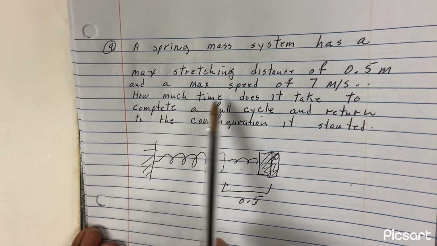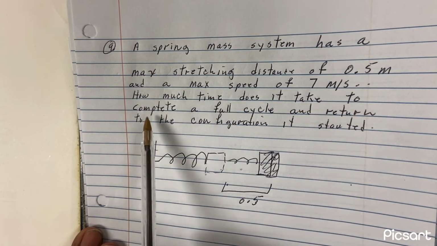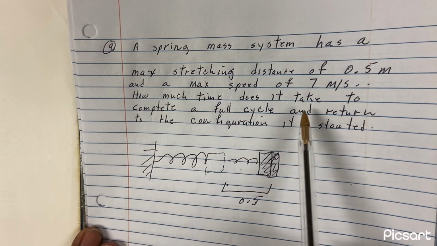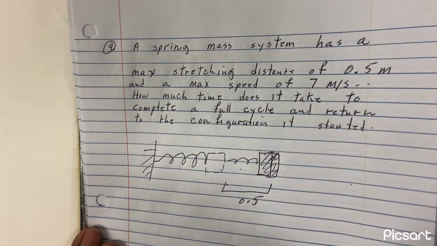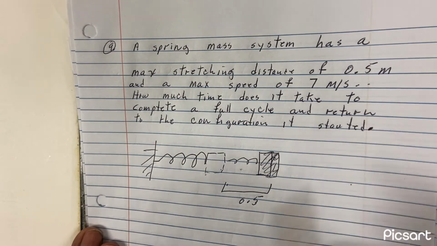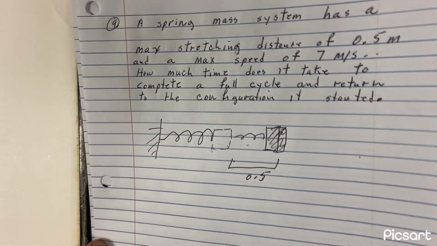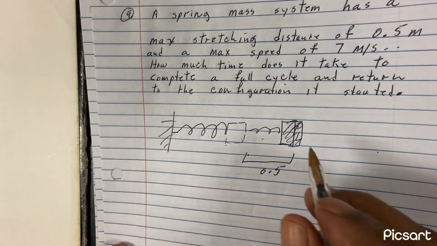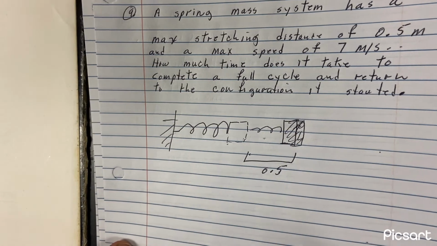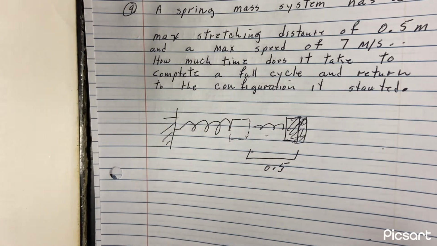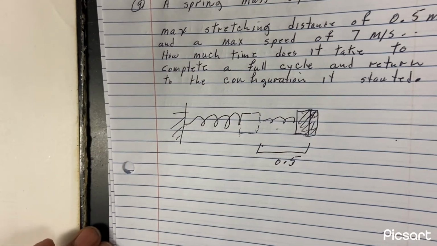How much time does it take to complete a full cycle and return to the configuration it started? Okay, so it gives you a hint to compute omega. And once you find omega, you can find the period.